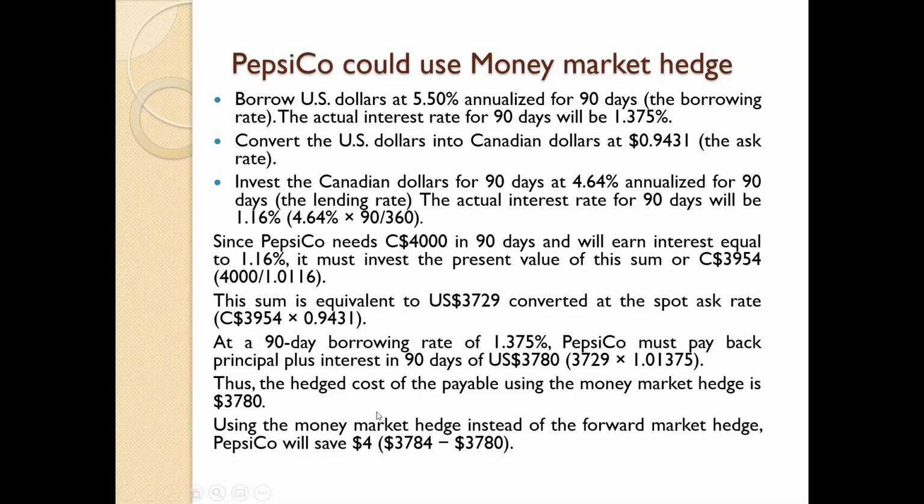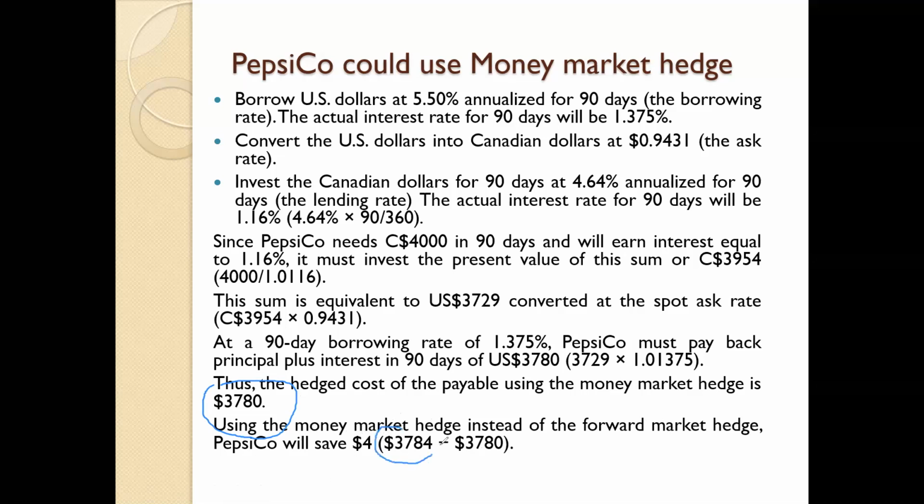Instead of going for the forward transaction, if the person is going with the money market hedging, he can set off this Canadian dollar 4,000 at the cost of US dollar 3,780. Then what is his saving? The saving for the hedging transaction is $4. Why?